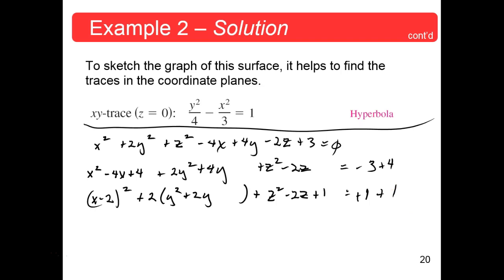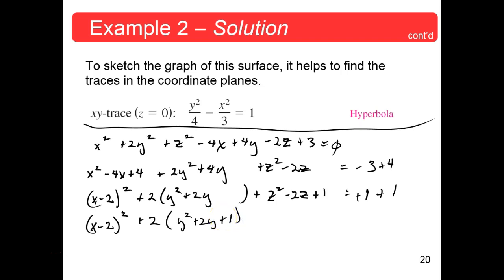Now let's get to our y term. This is going to be x minus 2 squared plus 2 times, let's complete the square of that one. Half of 2 is 1. Squared is 1. So this gives me y squared plus 2y plus 1. But pay attention.